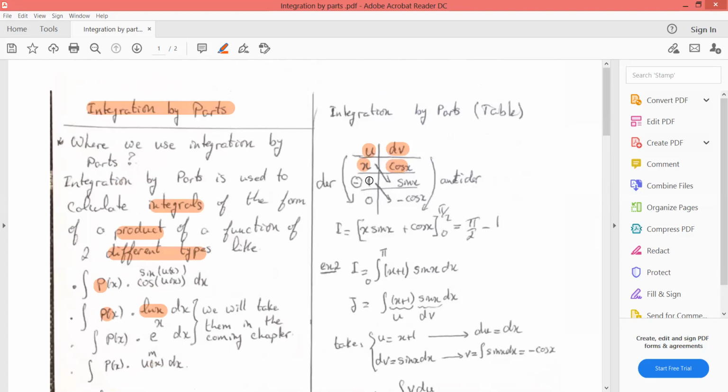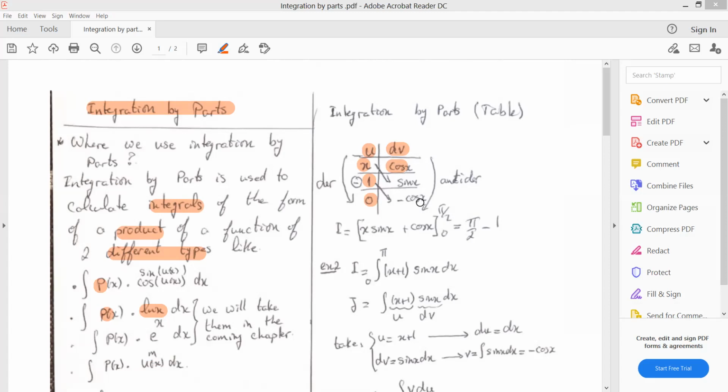The derivative of x is 1, and the derivative of 1 is 0. On this side, I take the antiderivative. The integral of cosine x is sine x, and the integral of sine x is minus cosine x.